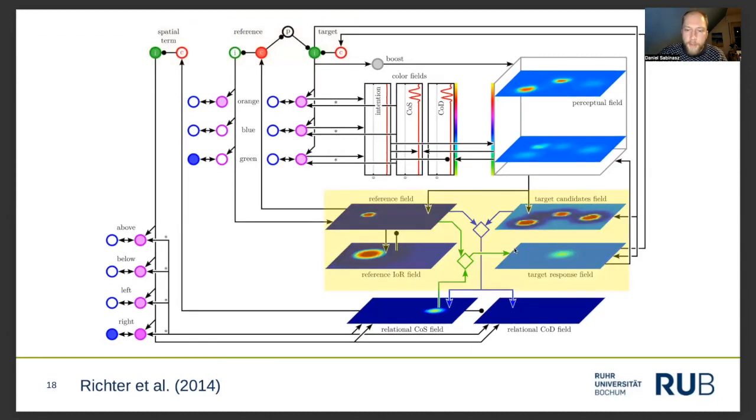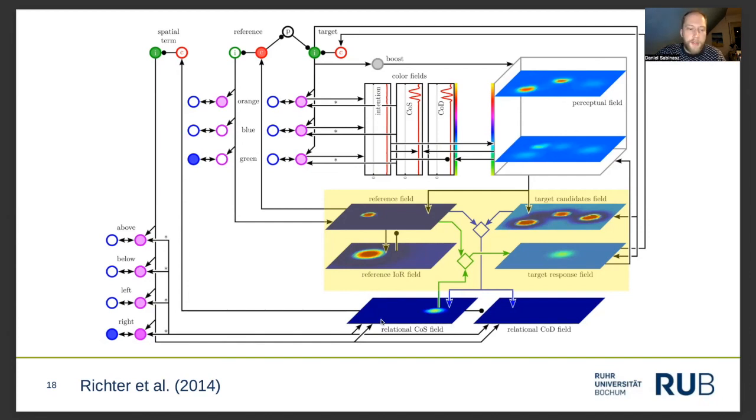Down here, we see a similar architecture as the Lipinski et al. model. So the reference field and the target field together provide input into a coordinate transform, which transforms the location of the target candidates into a coordinate system that's centered on the reference object. And the result of that field feeds into a relational condition of satisfaction field, as it's called here.